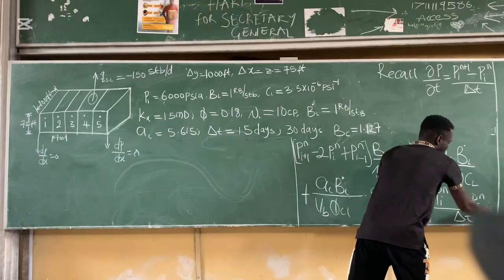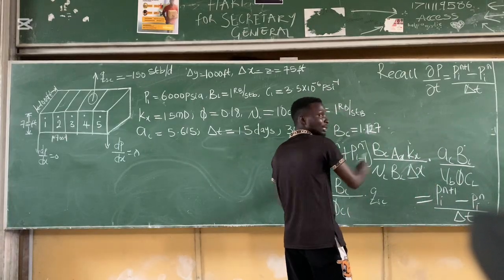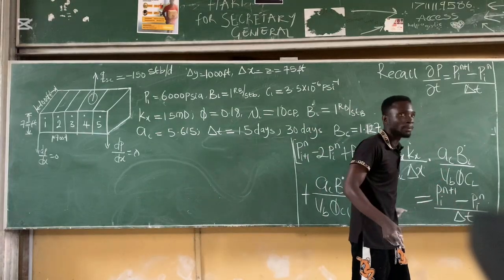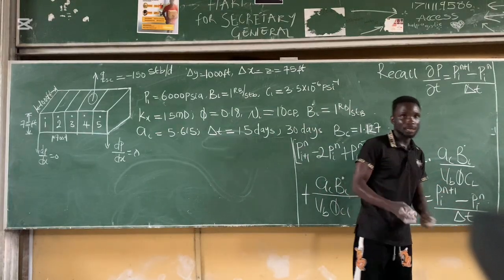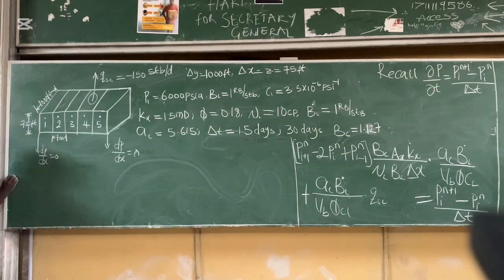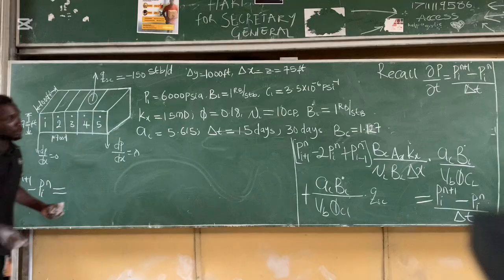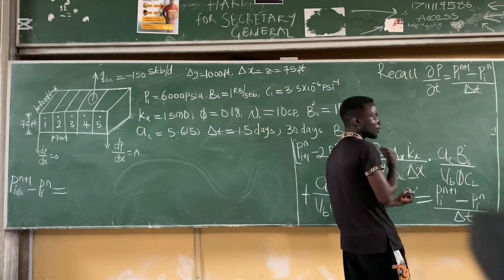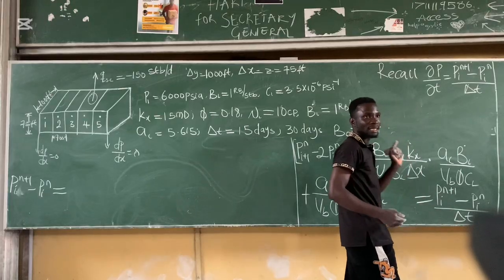So let's take this side first, before we take this other side, and at the same time we are still going to multiply through by delta t. So if we do that, we are going to have P_i^(n+1) minus P_i^n will be equal to, I said that we are going to write the equation from this side and also multiply through by delta t.